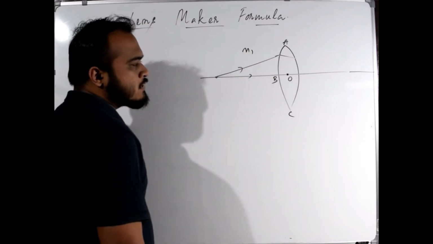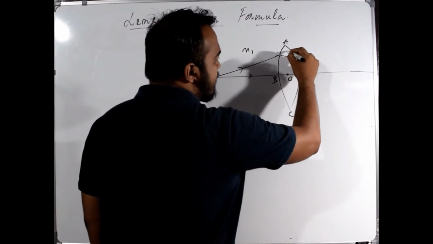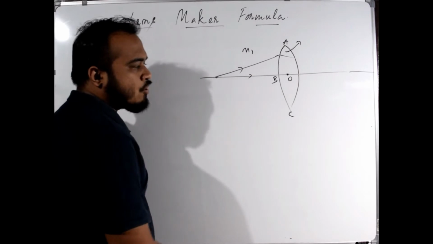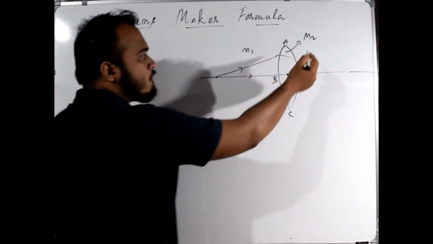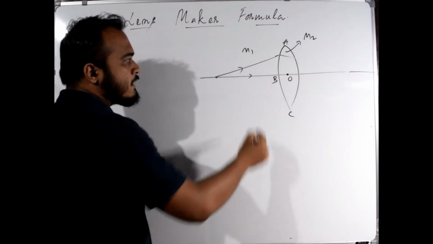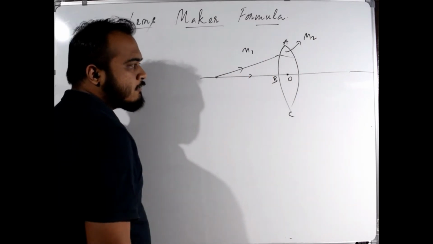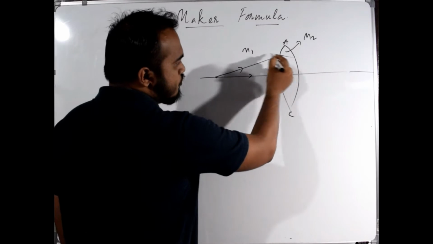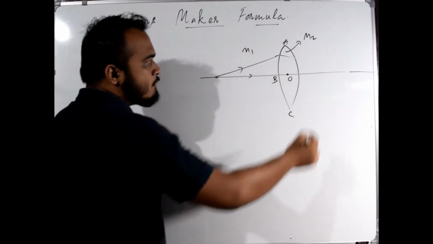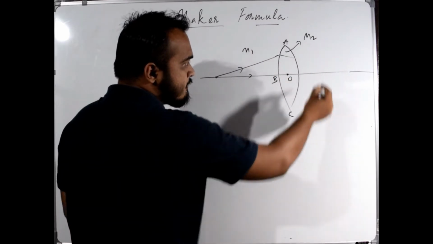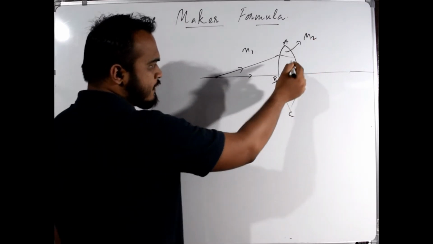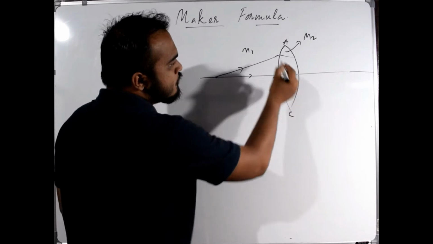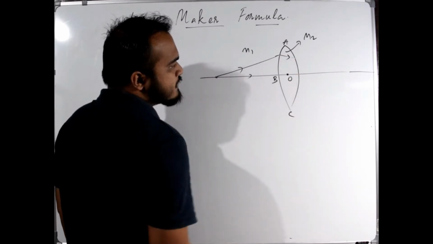If N1 is the refractive index of the surrounding and N2 is the refractive index of the lens, then N1 is the rarer medium and N2 is the denser medium. That means the lens is the denser medium. So after refraction it will move in this direction.